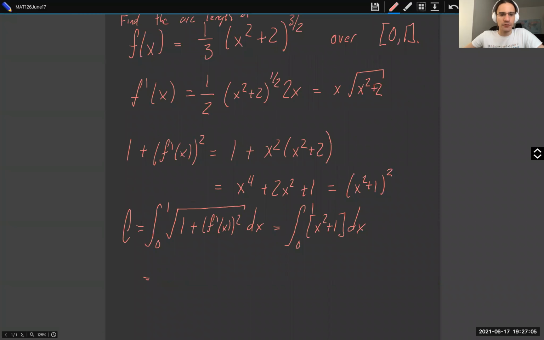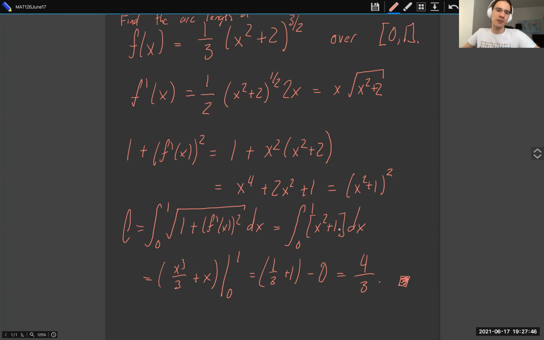And what's the antiderivative of the thing on the inside? x cubed over 3 plus x. Exactly. Good. And so we take this and we evaluate it between the bounds 0 and 1. At 1, I get 1/3 plus 1. And at 0, both just have x, so it's 0. So I can write that as 4/3. Arc length found.